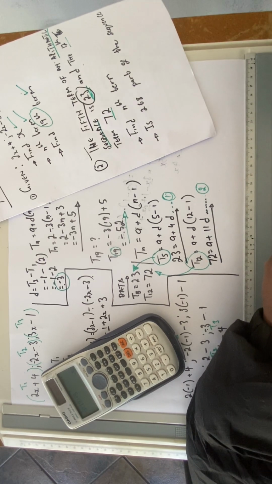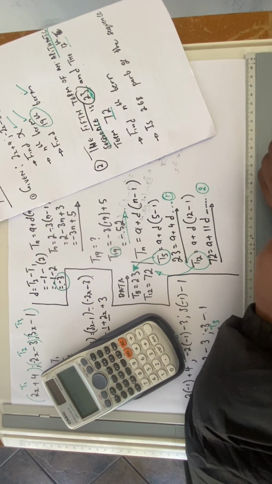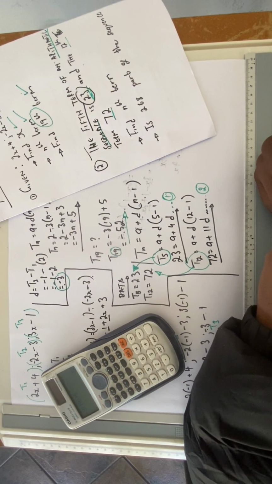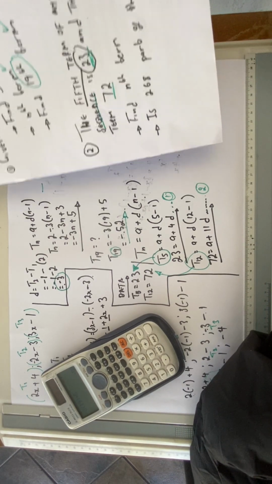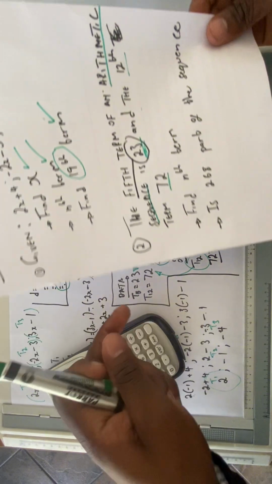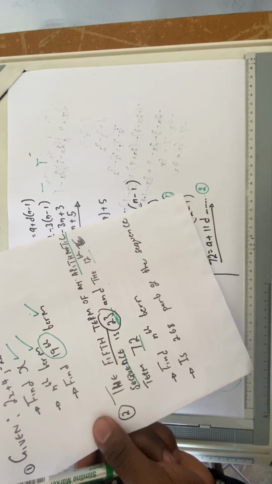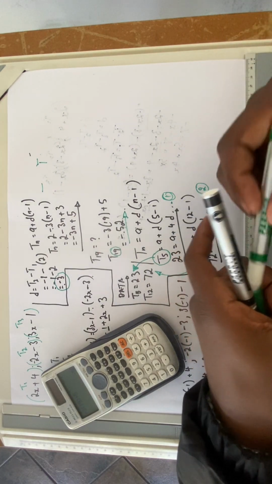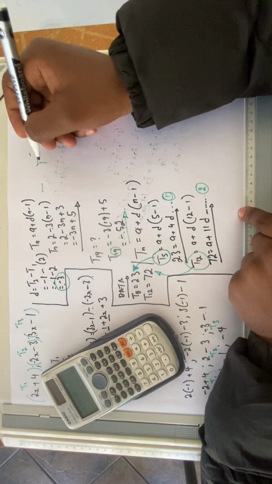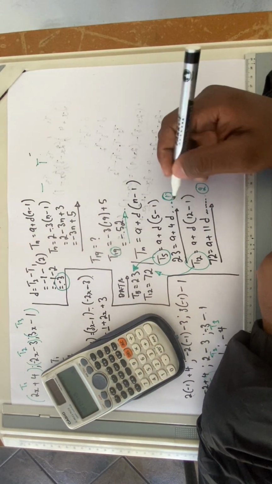Now it makes sense for us to visit our simultaneous equations, where we are solving for two unknowns at the same time. Remember, they wanted us to find the nth term. Here I have two equations, so between the two of them I can choose one.